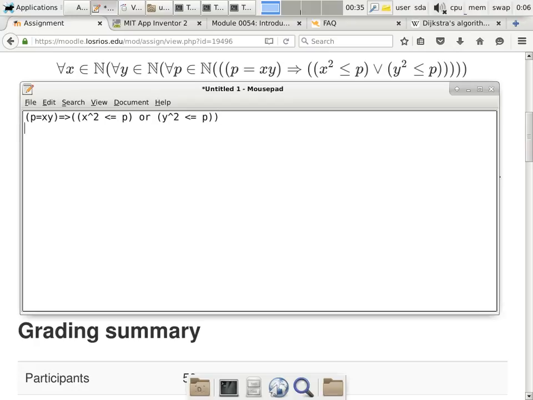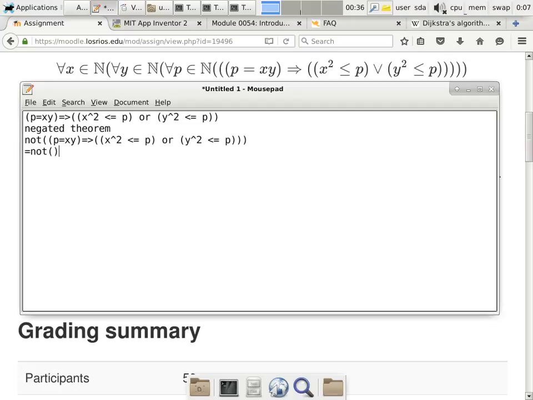So the negated theorem is exactly the whole thing. I'm just going to copy and paste the entire thing and put a not around the entire thing. I cannot easily apply negation to an implication. So the first thing I need to do is to convert the implication into a negation and an or: negate the first part and then or the second part.